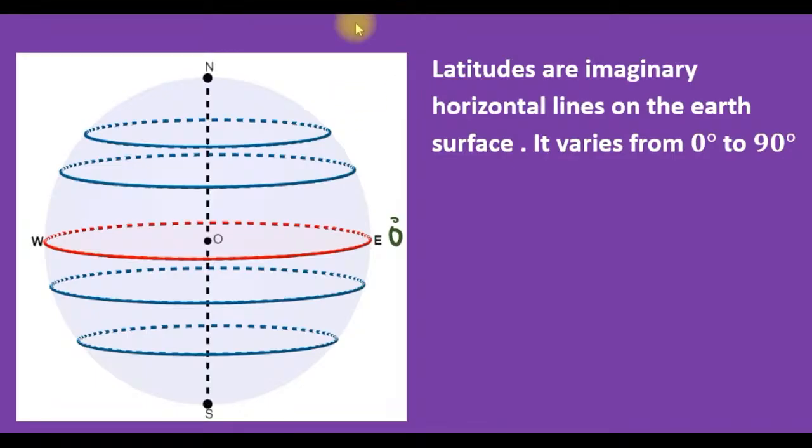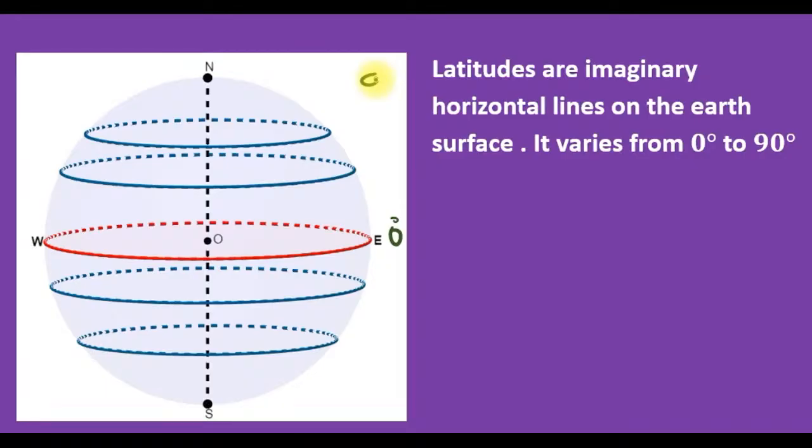That's latitude 0. The others are not 0, so they could be 10, 20, 40. As you increase towards the north or south, it increases to 90. So the maximum is 90.